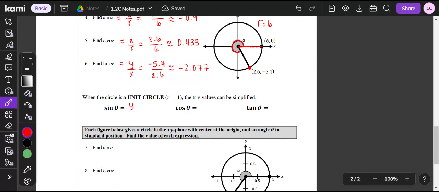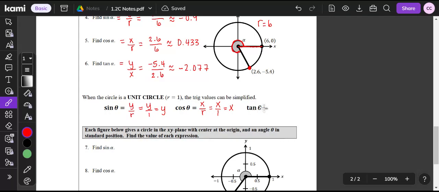So if we say y divided by r, and r is equal to 1, this is just y divided by 1, which is y. So the sine value on a unit circle is always just the y coordinate. Same thing for cosine. It's x divided by r, which is really just x over 1. So cosine is always just the x coordinate.